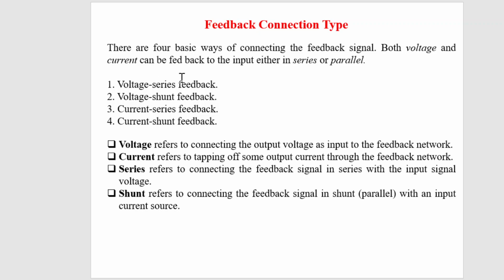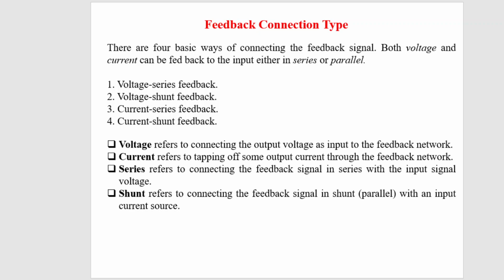Those who have not understood the nomenclature of voltage series feedback, voltage shunt, current series or current shunt, I have explained this topic very clearly in my previous lecture: what voltage means, what series means, what current means, what shunt means. Please listen to my previous lecture so you get more clarity on how the nomenclature has been done.